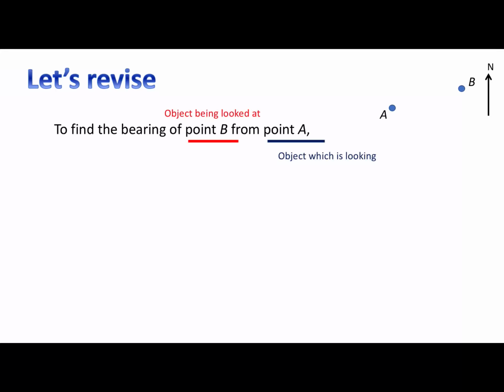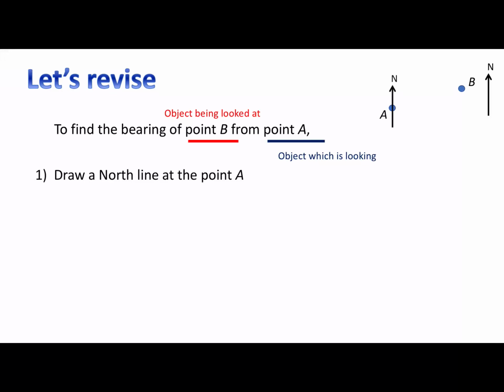Point B is the object being looked at. You draw your north line at which point? Yes, point A. And make sure the north line is parallel to the north direction given here. So you draw it here.